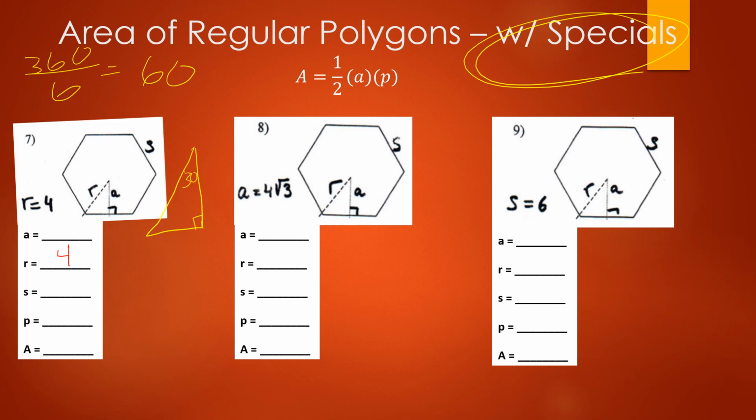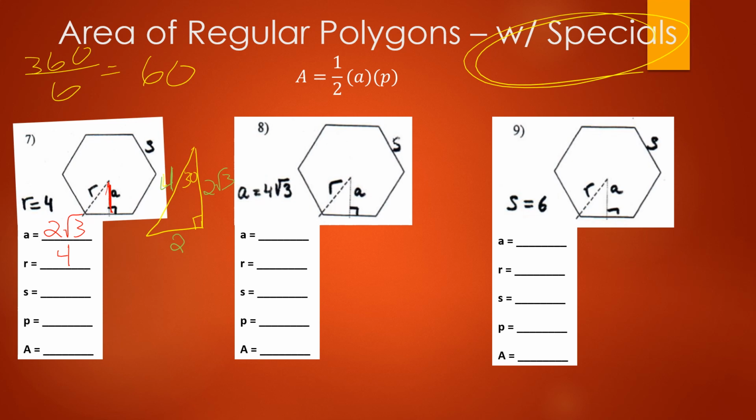30 up top, and this is the radius, which is 4. All right, 30, 60, 90. If the hypotenuse is 4, the short leg is 2, and the long leg is 2 root 3. So filling in, our apothem is 2 root 3, because it's this long leg.